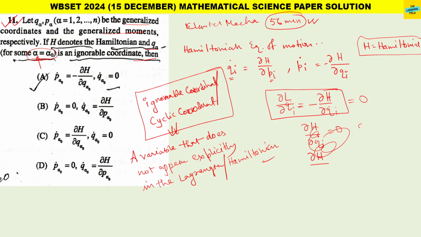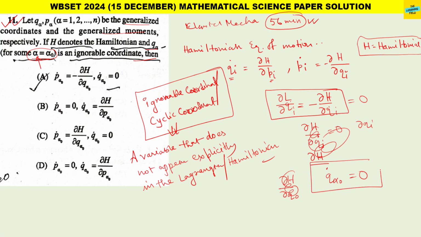So qi dot, that means ∂qi... sorry, qi dot equals ∂H/∂pi. So q alpha naught dot is equal to 0.